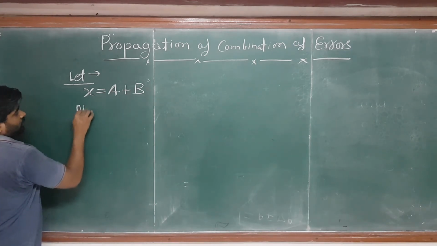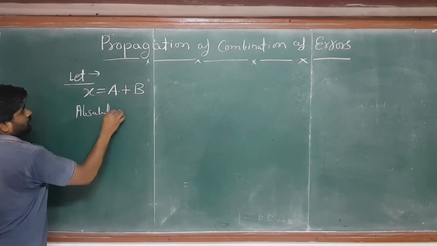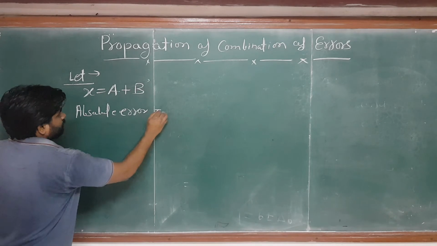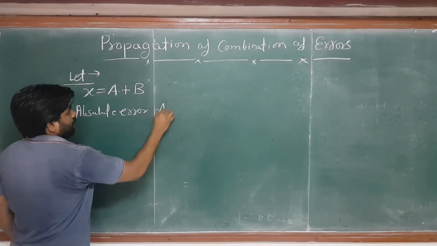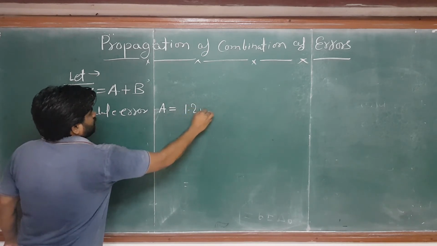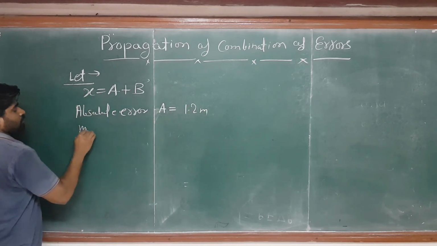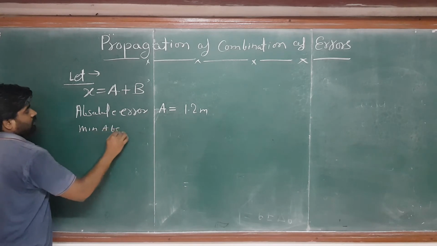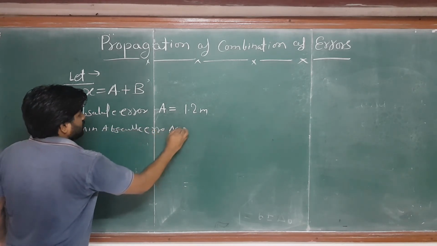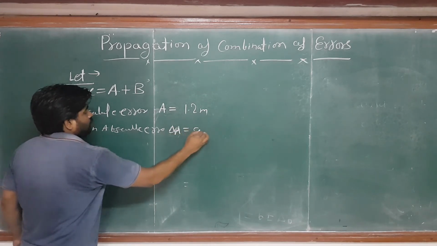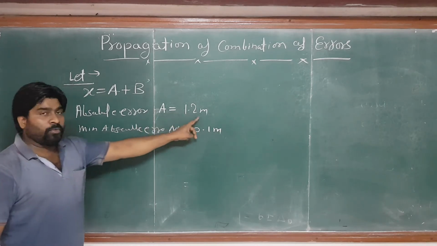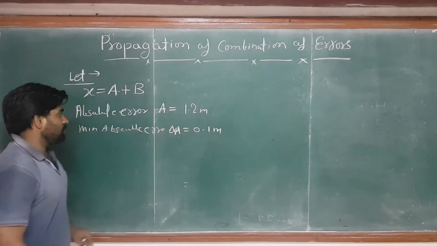The absolute error: a is equal to 1.2 meter, let's suppose. Minimum absolute error, that is del a is equal to 0.1 meter. So the a is 1.2 and the del a is 0.1 meter.